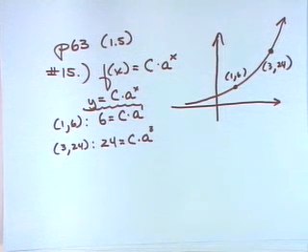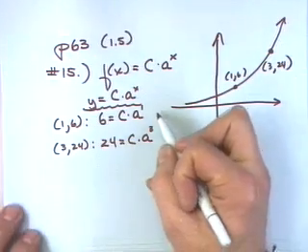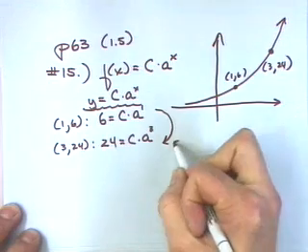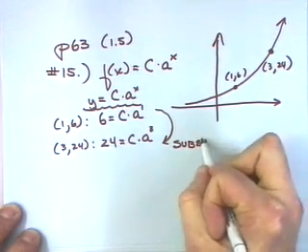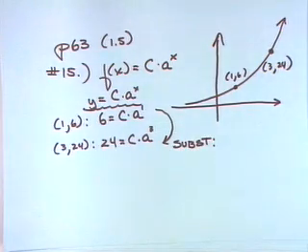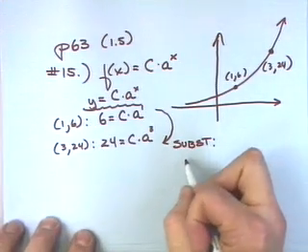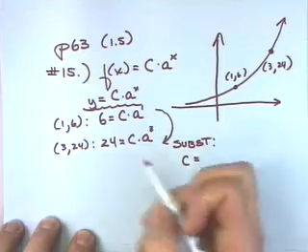Now there are some different techniques of how to solve two equations in two variables, but we ought to be able to somehow get a solution. And Harold's suggestion is to substitute for C. What is C equal to from the first equation? 6 over a.